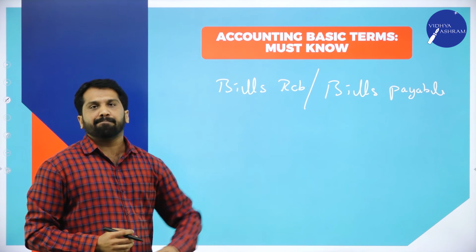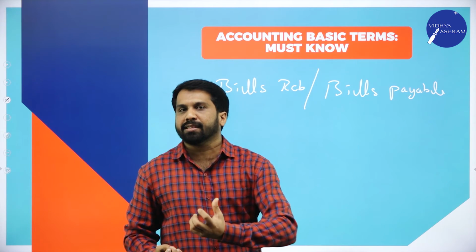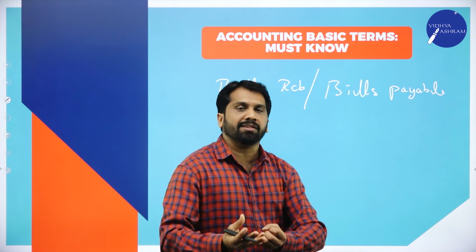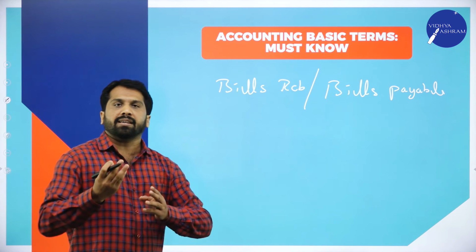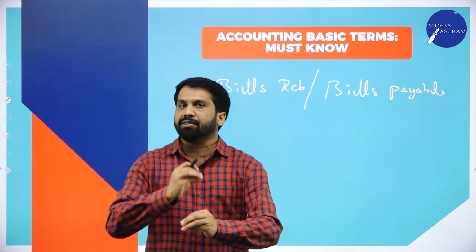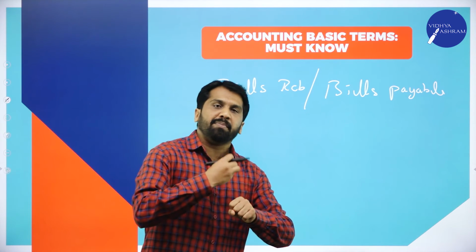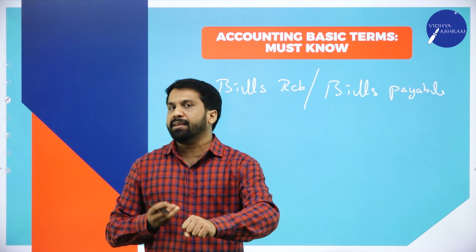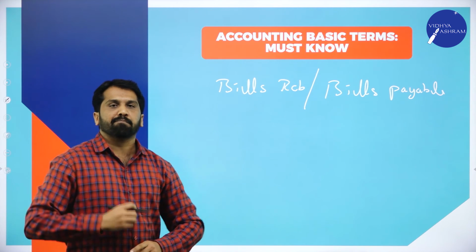That is called bills. You have taken 10,000 or 5,000 loan by pledging. Pledging means keeping your documents. For example, I have my graduation marks card. That graduation marks card I have given to somebody for taking a 10,000 loan. When I repay the 10,000, I can take back my marks card. That is called bills receivable and bills payable.